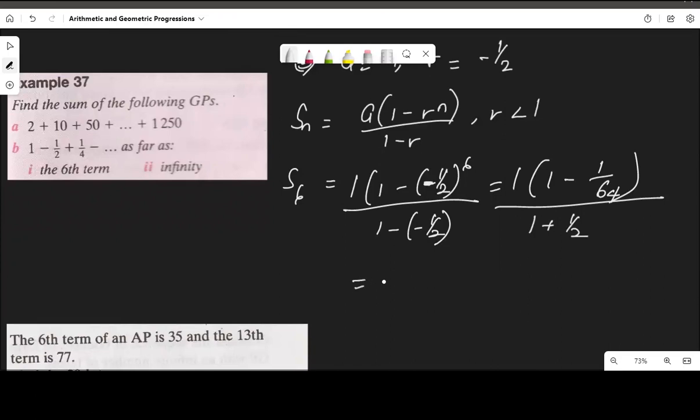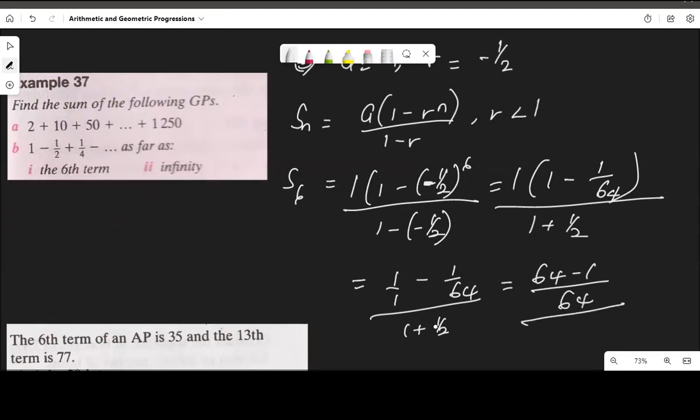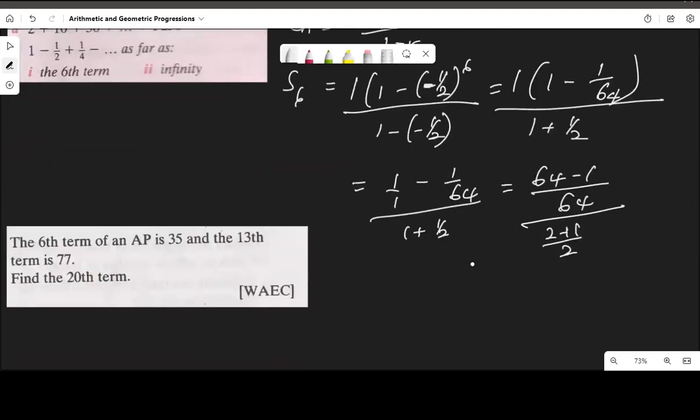So here we have 1 minus 1 over 64, all over 1 plus half. Solving this fraction, I'll have 64 minus 1 over 64 all over, again solving this fraction, 2 plus 1 over 2, which is 64 minus 1 is 63 over 64, divided by 2 plus 1 is 3 over 2.